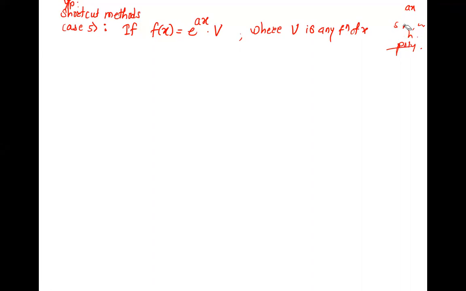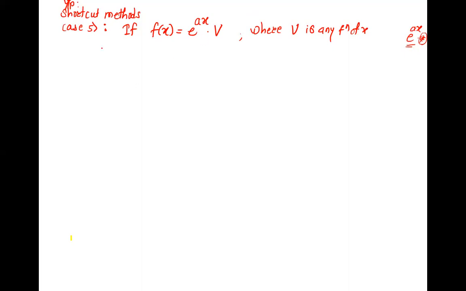So v is any function. But if that is with e raised to ax, we had one case of e raised to ax, but there only e raised to ax was there, nothing multiplied with it. Now it will be e raised to ax, but multiplied with it there will be one more function.